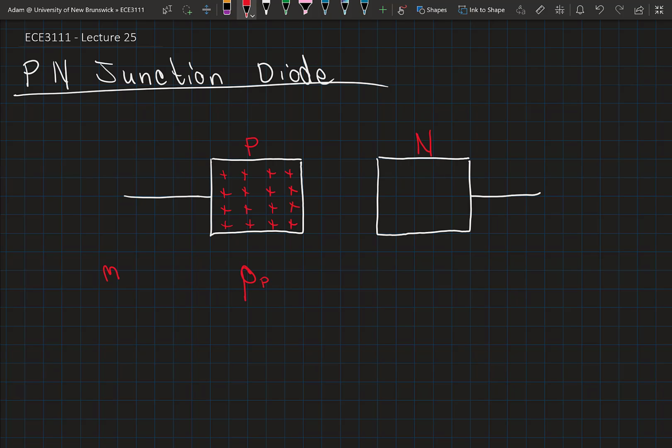Okay, so we'll have majority carriers of holes, and this P-type material will still have minority carriers that are generated thermally, which of course will be electrons.